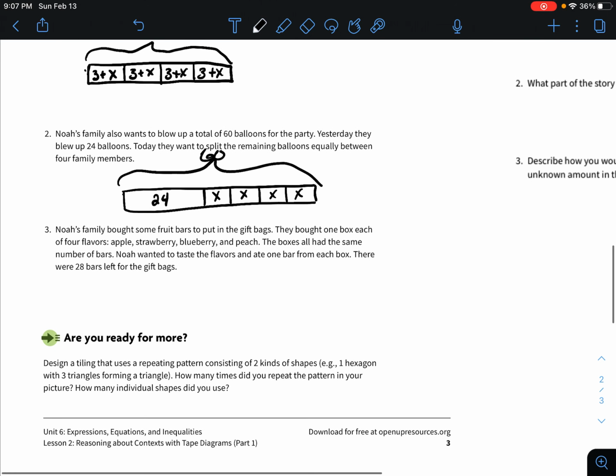Okay, third one, Noah's family brought some fruit bars to put into the gift bags. They bought 1 box each of 4 flavors: apple, strawberry, blueberry, and peach. The boxes all had the same number of bars. Noah wanted to taste the flavors and ate 1 bar from each box. There were 28 bars left for the gift bags. So you have 28. That is the total.